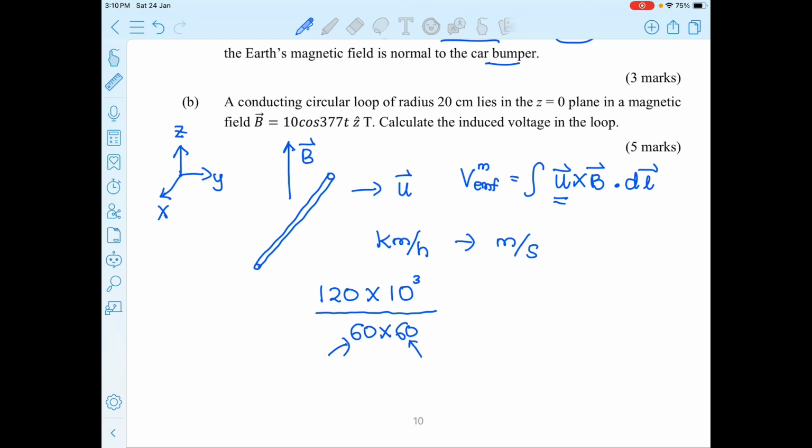So you have 120 over 60 times 60, which is 33.33 meter per second.